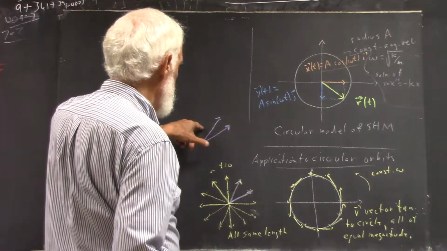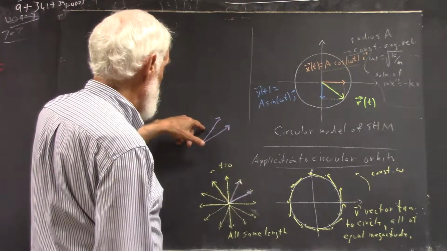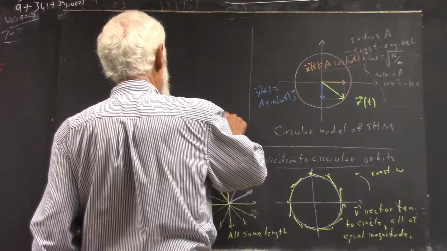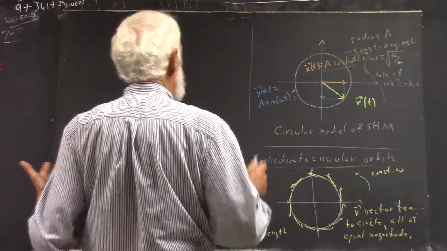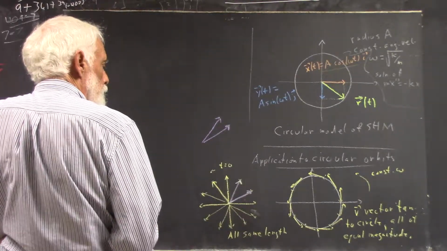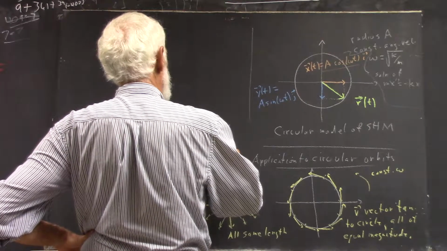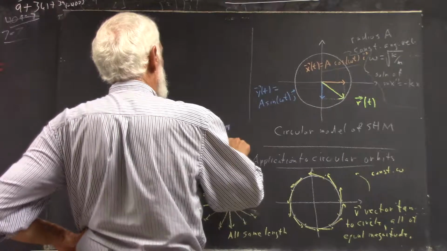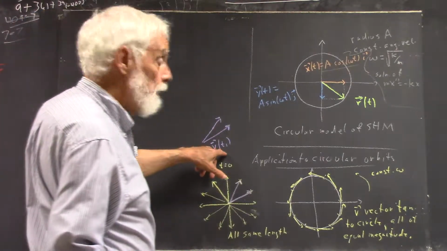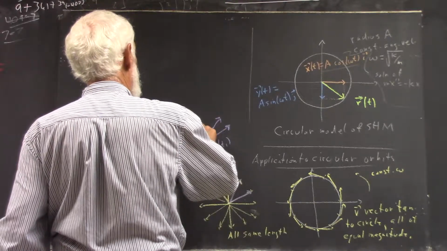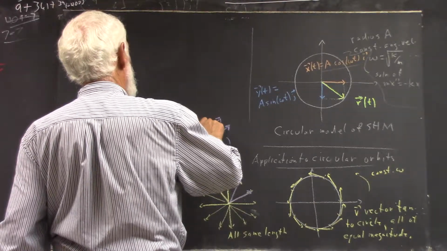The difference between this vector and this vector, going from this direction to this direction, is just this vector. So I'm going to say this will be the velocity at some time t1, and this vector will be the velocity at some time t2.